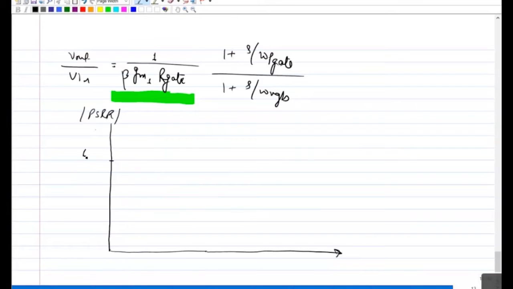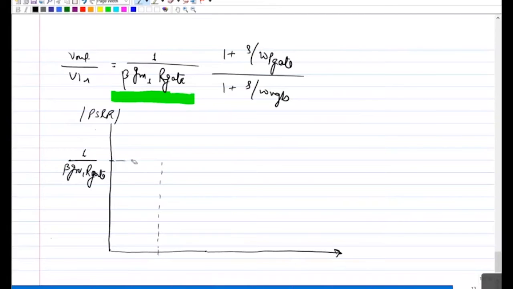One over beta GM1 R gate. And where will it go? It will increase, decrease? No, no. Initially it will be flat and then it will increase.